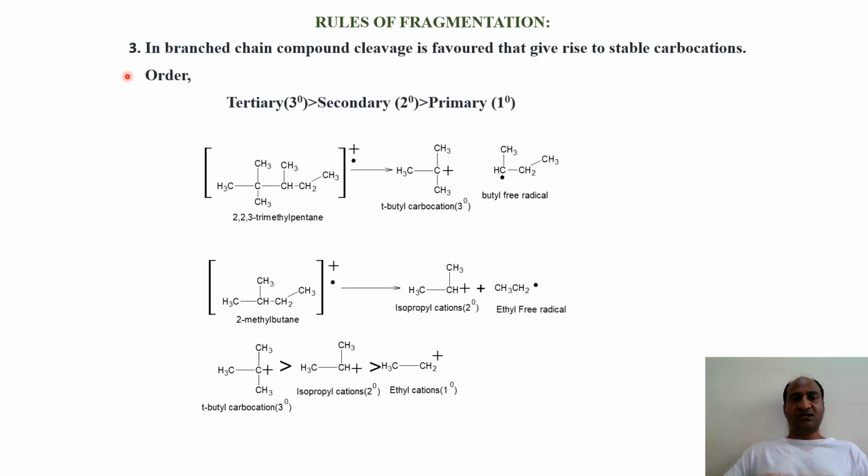Now moving to the third rule of fragmentation: in branched chain compounds, cleavage is favored that gives rise to a stable carbocation. As we know, in fragmentation we break a compound and get a carbonium ion or carbocation. As we know from the chemistry of carbocations, a 3-degree carbocation is more stable than 2-degree, and 2-degree is more stable than 1-degree.